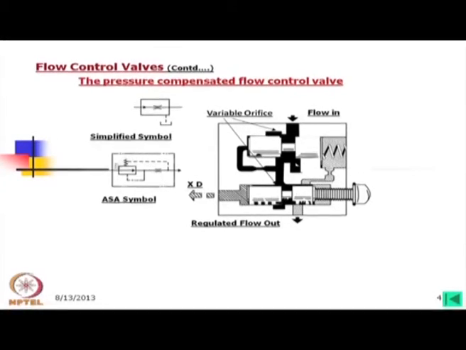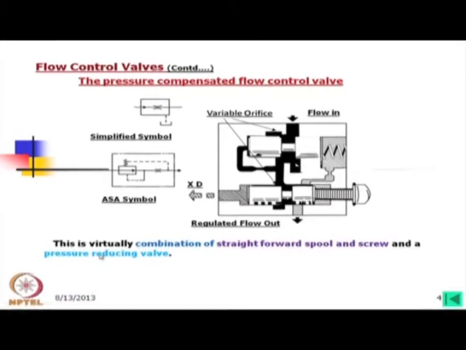And if you look into the symbols, this is the ASA symbol, a more simplified symbol is this one. It may not be easy to remember these symbols, but looking into this at least we should be able to understand that this is a pressure compensated flow control valve.